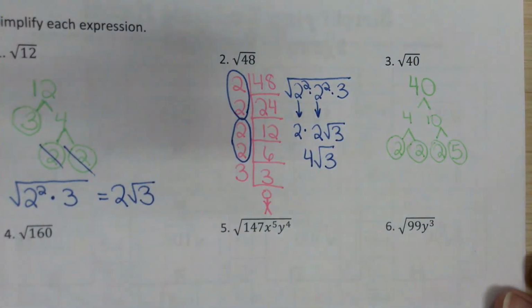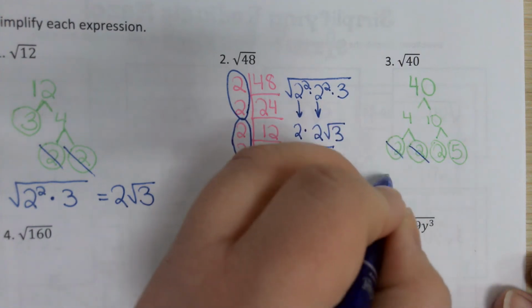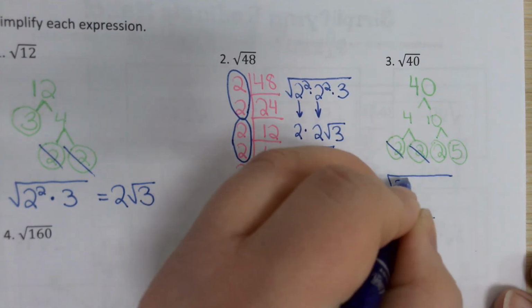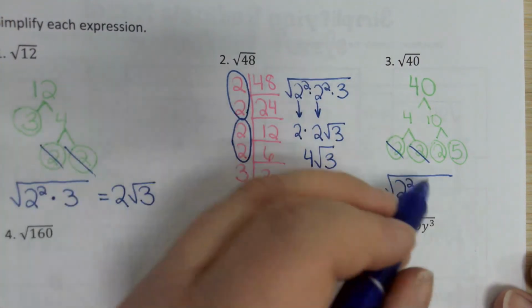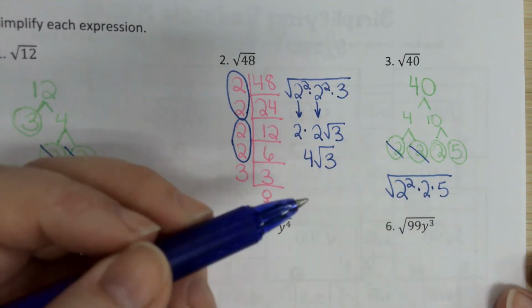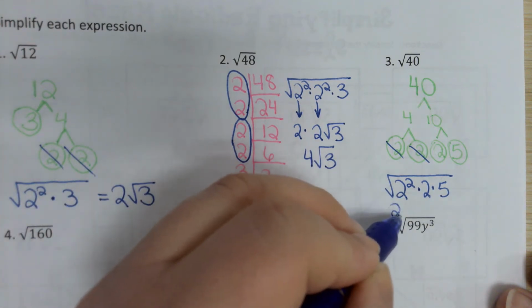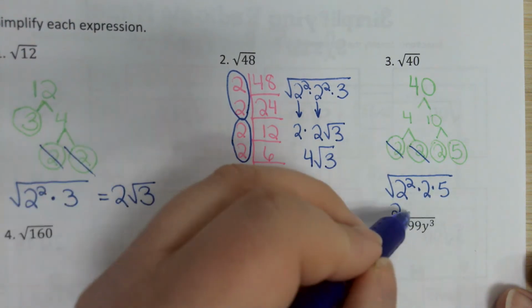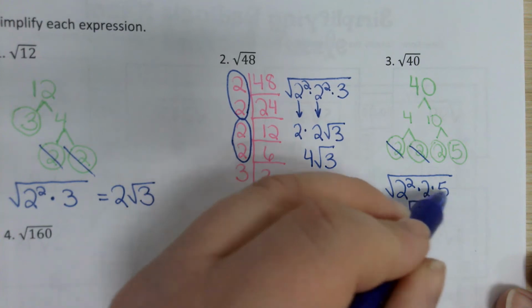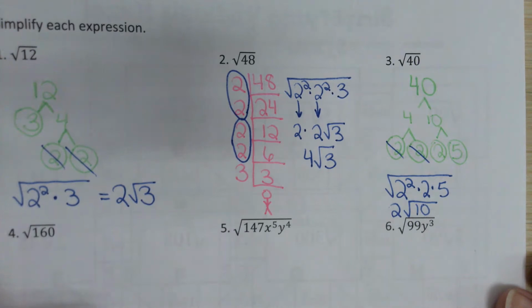I'm looking for pairs. I have 2 2's, so 2 squared, but then I have one little 2 left over and one 5 left over. The square root of 2 squared is 2, and I have a 2 and a 5 left over, so 2 times 5 gives me 10.